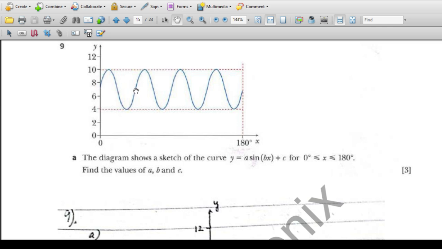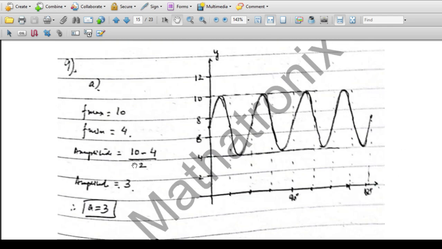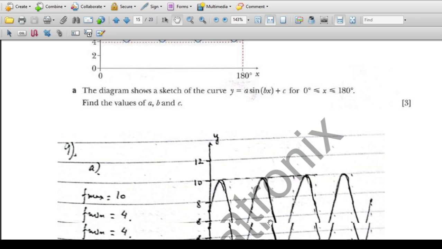For 0 to 180 degrees it repeats 4 times, for 0 to 360 degrees 8 times. So the period number is 8. That's why B is 8.